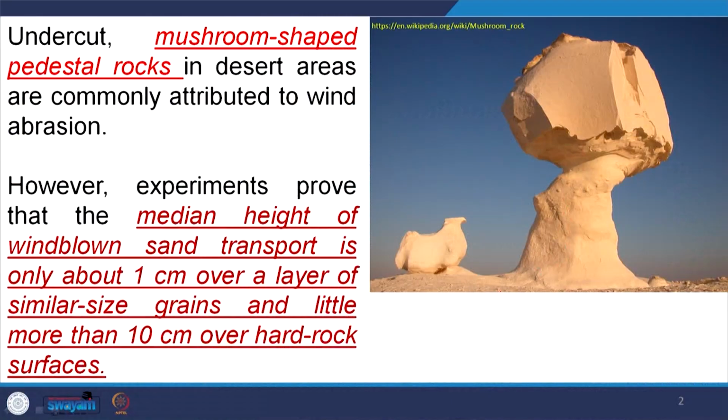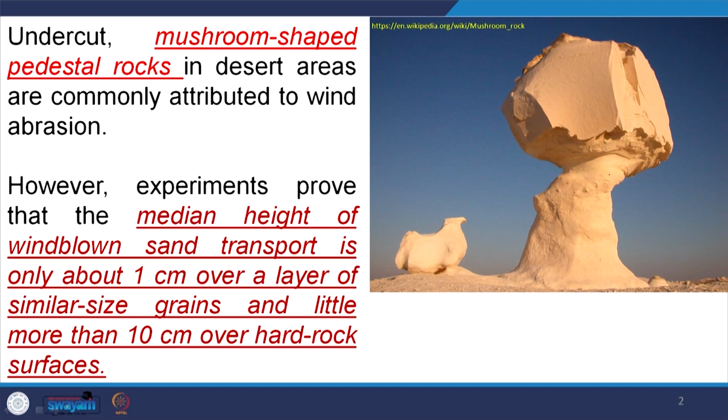Now we are going to discuss the products of wind abrasion. The first and foremost product is due to the action of wind together with its particles, and this forms the most peculiar mushroom-shaped pedestal rocks.